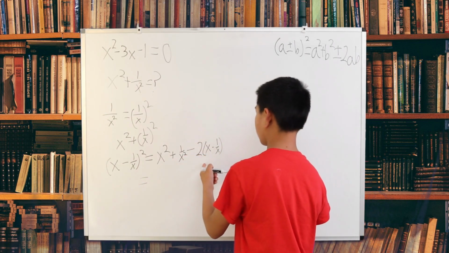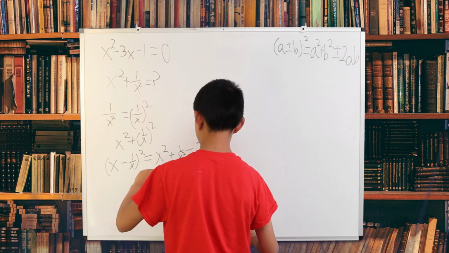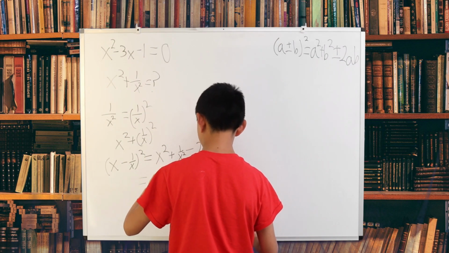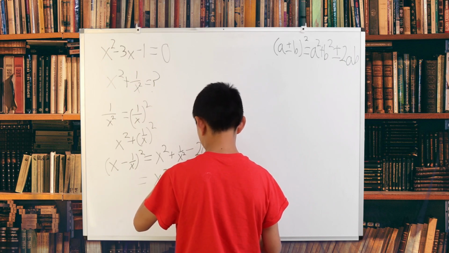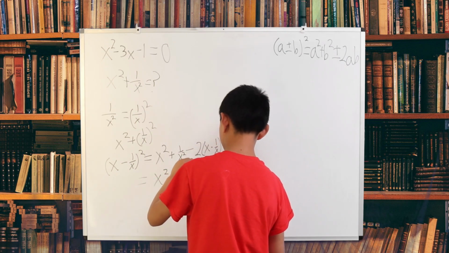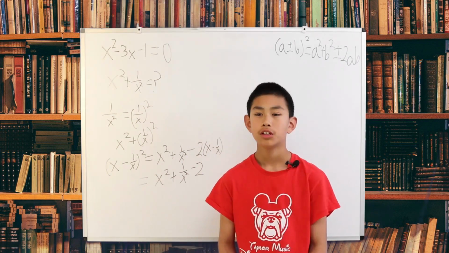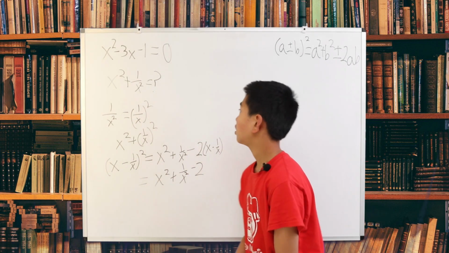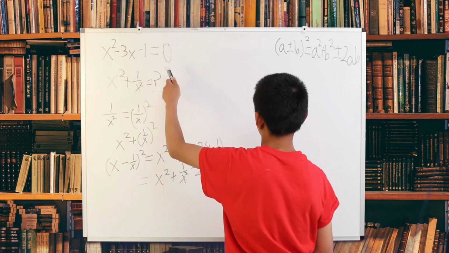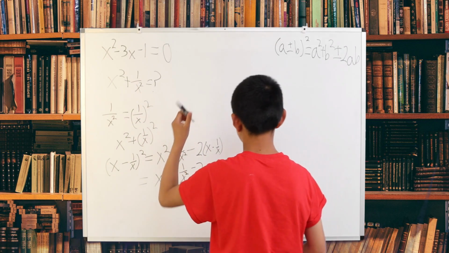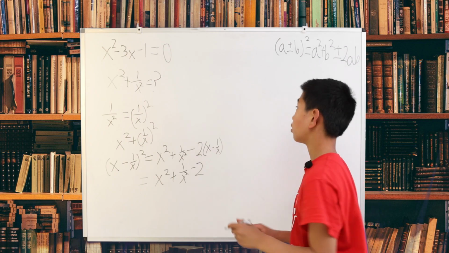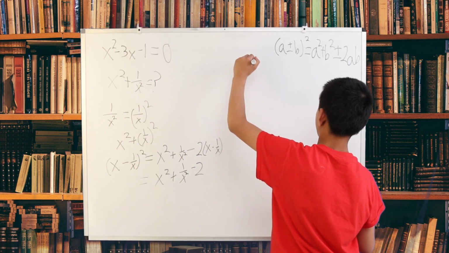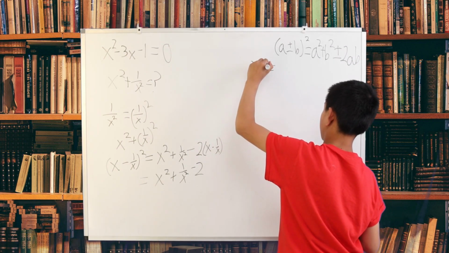And 1 times 2 is just 2, so it's going to be x squared plus 1 over x squared minus 2. From the equation, since x is on the bottom, we know that x is not 0 because 0 can't be on the bottom. So I'm just going to write it here: x is not equal to 0.